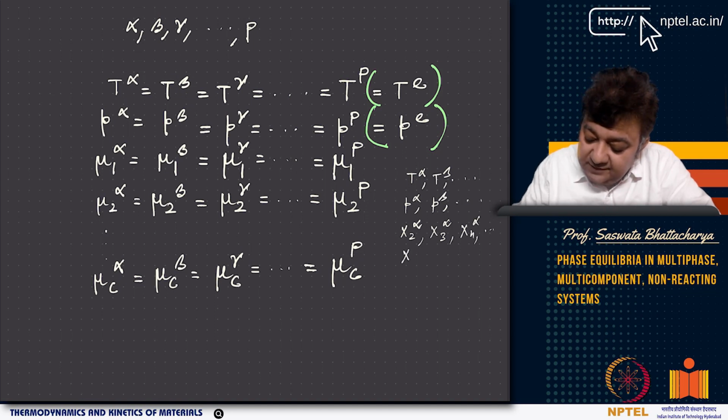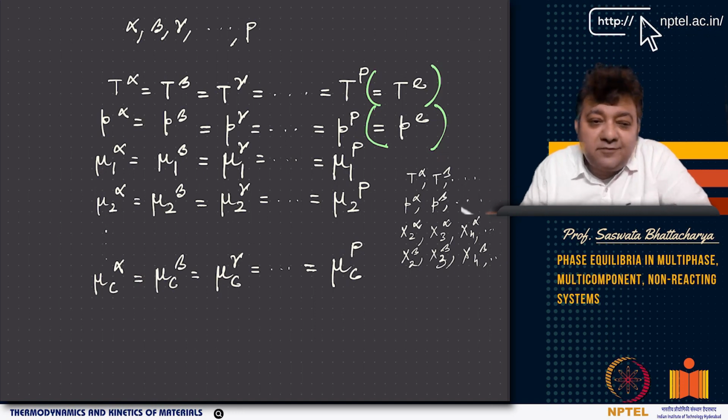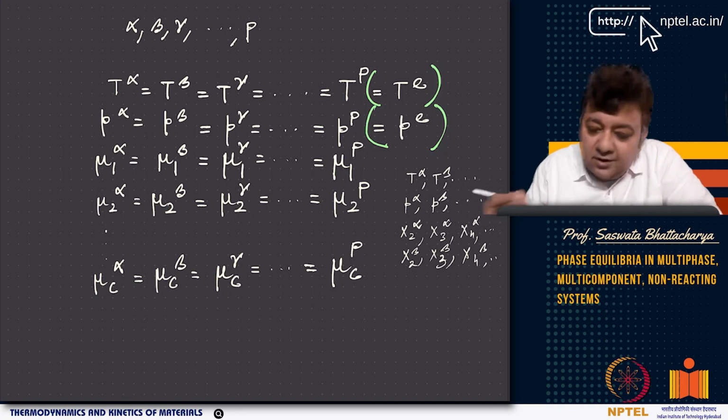Similarly, the equilibrium composition of component 2 in beta, component 3 in beta, component 4 in beta, and so on. Remember, we are not writing component 1 because we are assuming component 1 to be a dependent component.